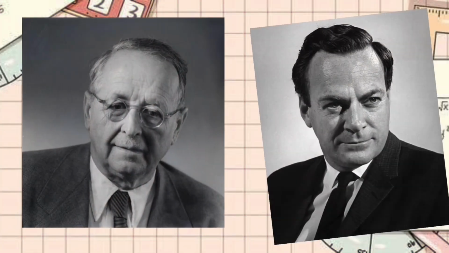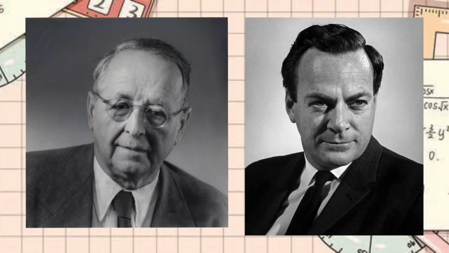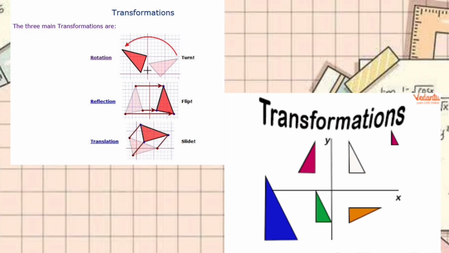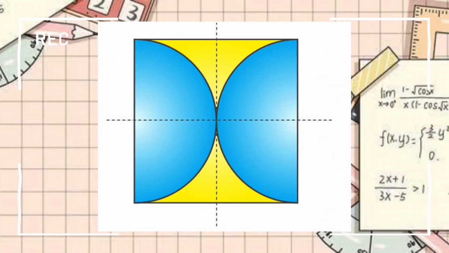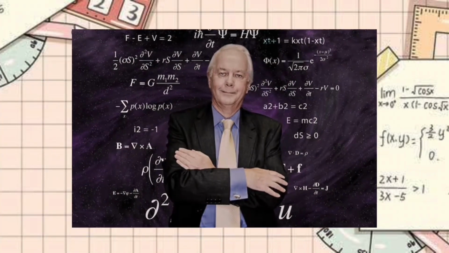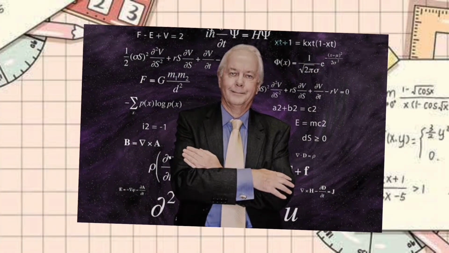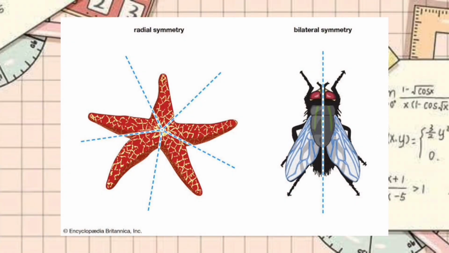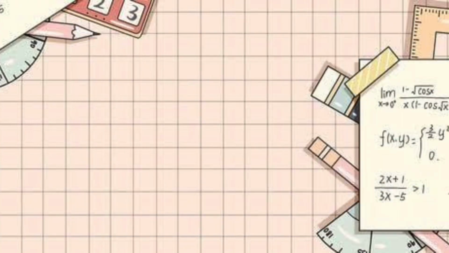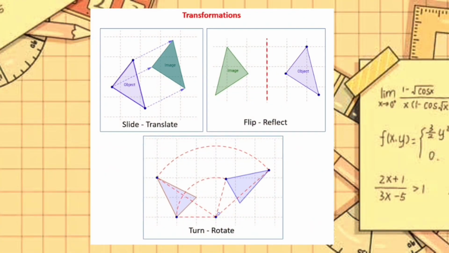Hermann Weyl and Richard Feynman share the same idea, as they see symmetry in things that have been subject to a certain operation and appear exactly the same after the operation. Such operations, in the eyes of Stewart, are what we call transformations, on page 74.